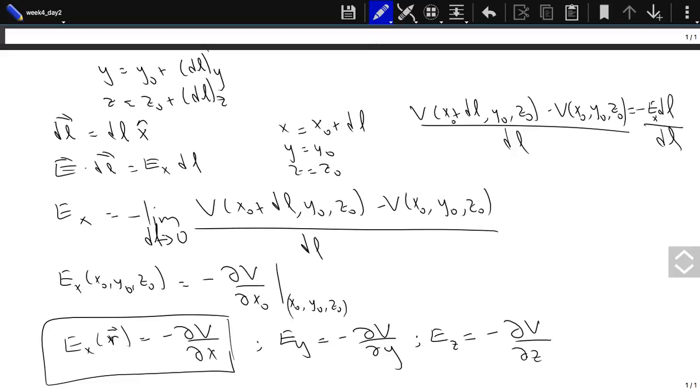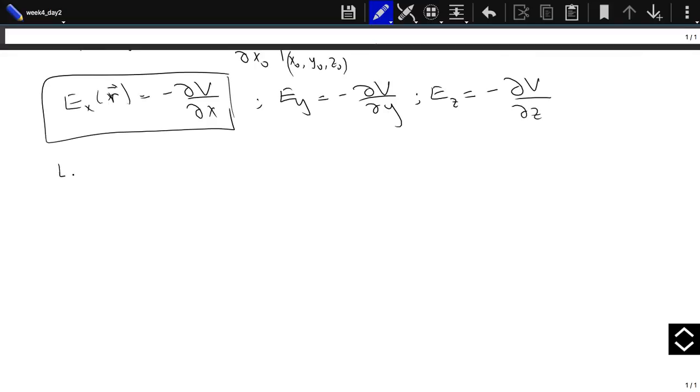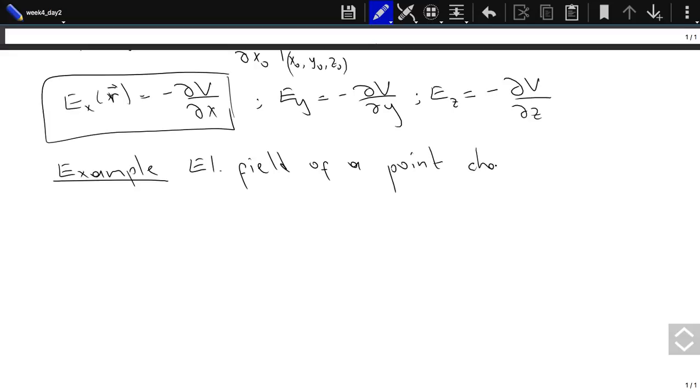Let's do an example. Electric field of a point charge. So we have calculated the potential of a point charge using the electric field.